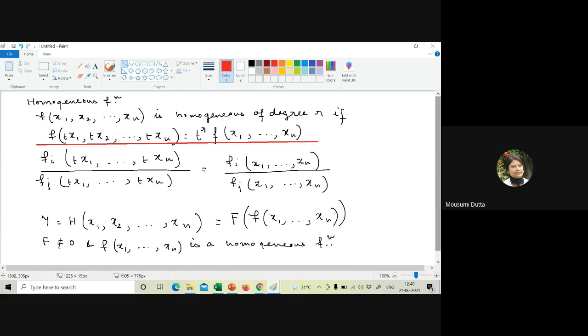This implies slopes of the level curves are the same.